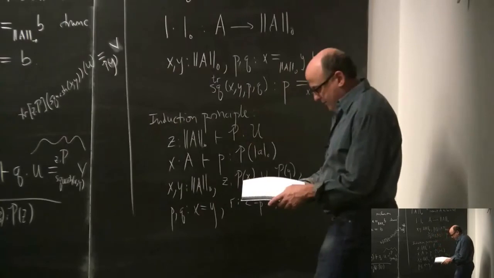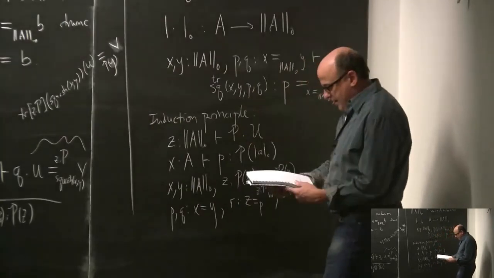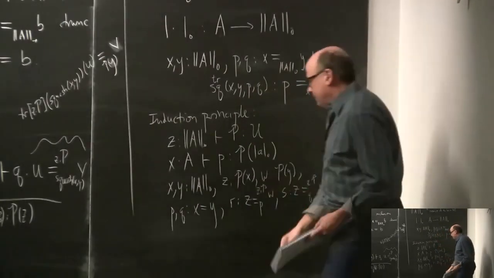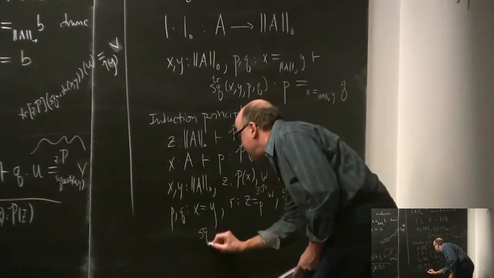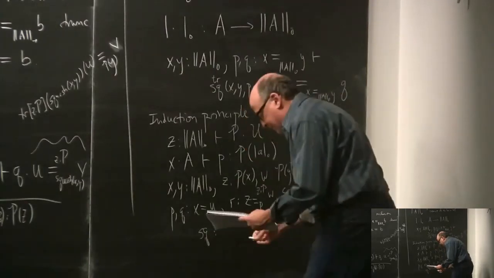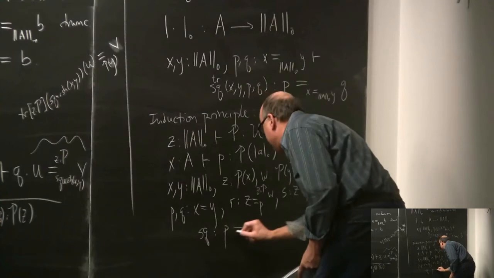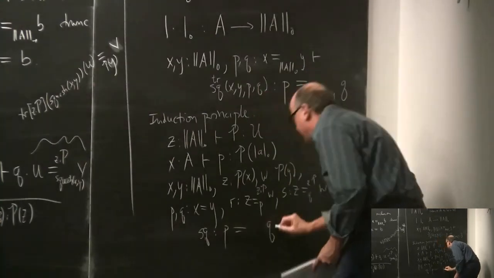Here I called it Q. That was rather unwise. Let me call it SQ, and let me not give all of its arguments. It's a proof that P is equal to Q somewhere.